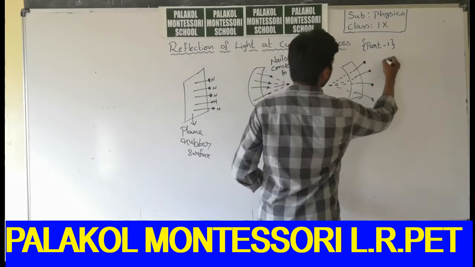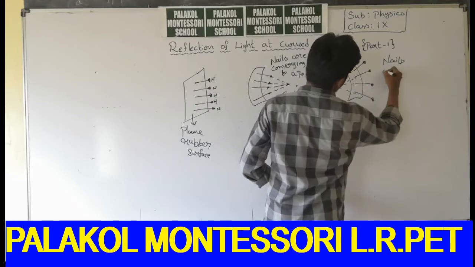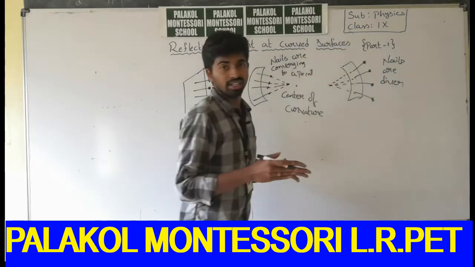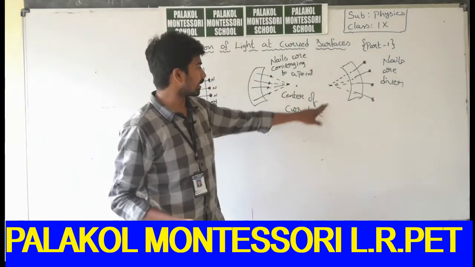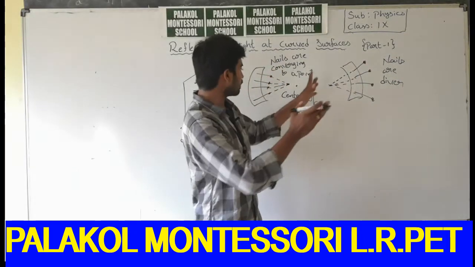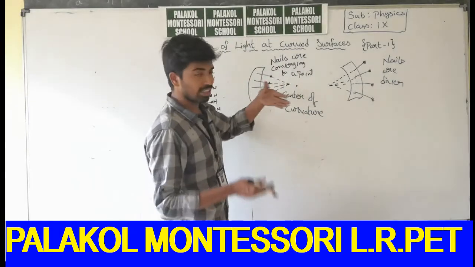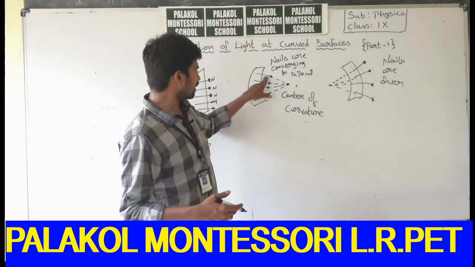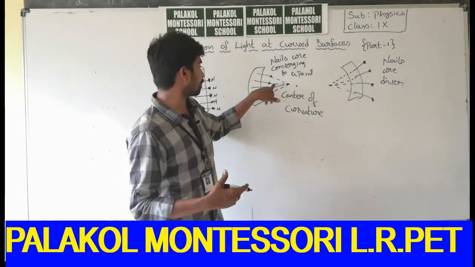Here nails are diverging. Diverging means moving away from a single point. Converging means directing towards a single point. All the nails are directed towards a single point.